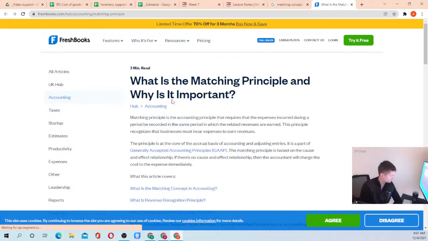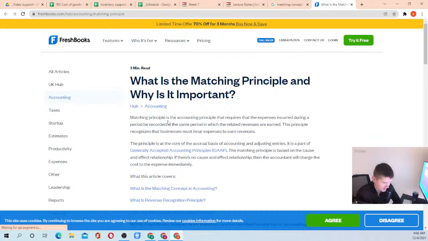For example, if you do a service and you buy some stuff to perform that service, but you haven't performed the service yet and you haven't earned the revenue yet, the stuff which you bought usually shouldn't be expensed until you perform the service. But that might be tricky. So something can be deferred until you realize revenue.